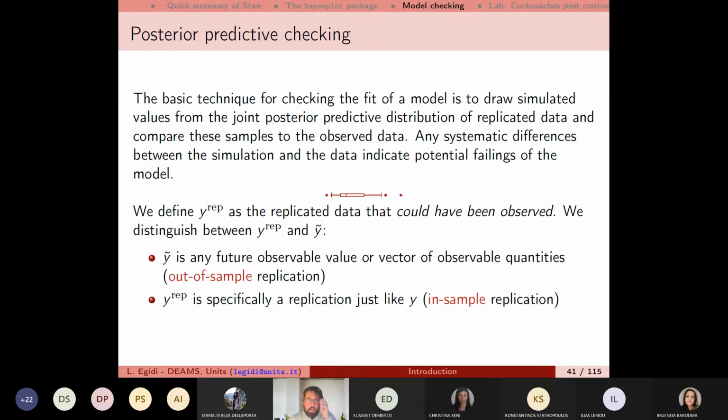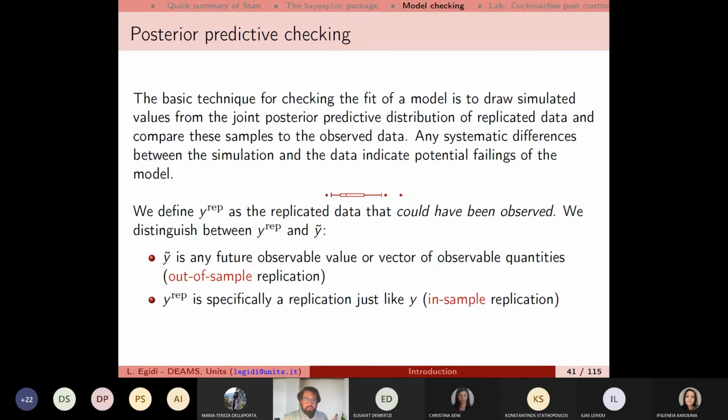Of course, if my model is good, in some sense, the replicated vector for a class should be very similar to the data that I observed. Because, for instance, if my replicated vector is saying that the women in this class are tall, let's say 2 meters, then the model that I use is of course not suited enough to describe the data.